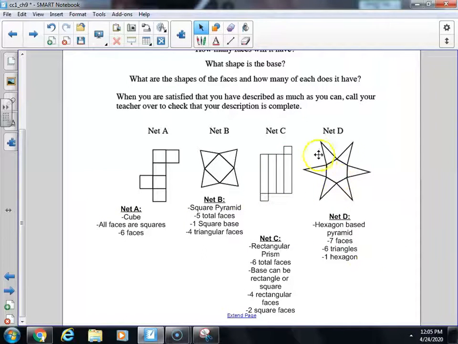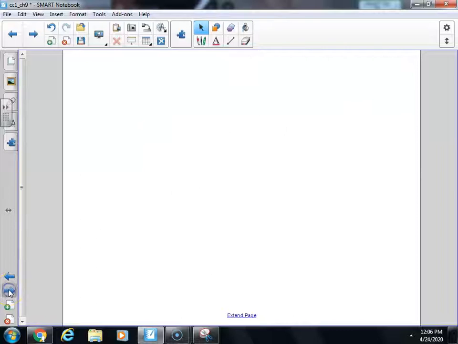Letter D is a pyramid, just like we talked about earlier. It is a hexagonal pyramid because the base is a hexagon. There are 7 faces total, 6 of which are triangles and 1 of which is a hexagon. So go ahead and pause the video again. Make sure you add on to what you put for yourself, and then we're going to move on to question 18.